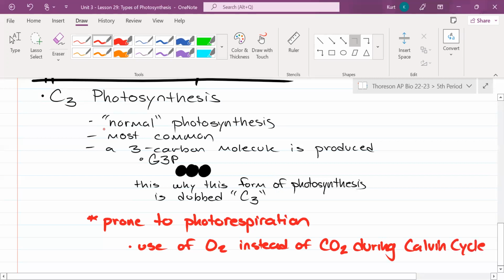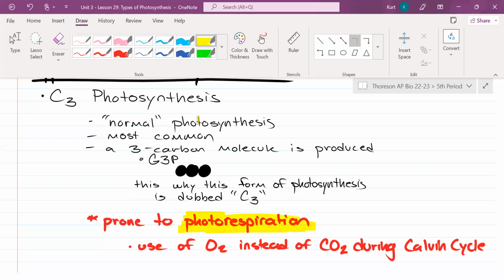Not good. Recall that anytime you see the word respiration, what gas is involved? Oxygen. Whether it's the respiratory system, cellular respiration, a respirator, anything that has the word respire or respiration or respiratory refers to oxygen.